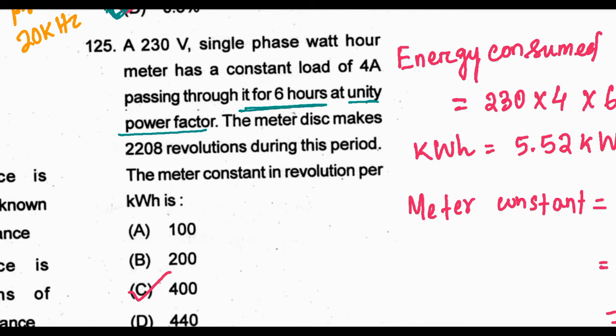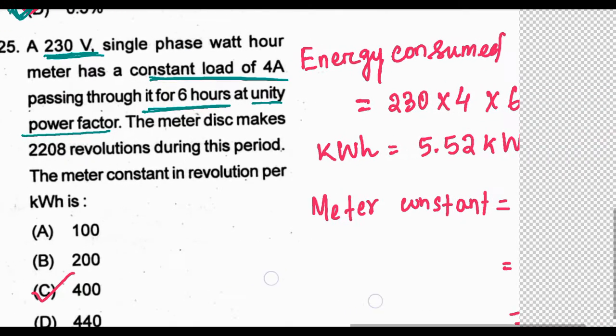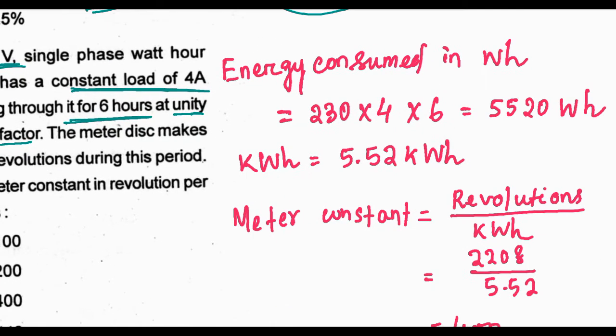So what is the power? What are the ratings given? A 230 volt single phase watt hour meter, constant load of 4 ampere. Voltage is given, current is given, power factor is given, that is unity, and time is given, that is 6 hours. So what will be the energy consumed in terms of kilowatt hour? This will be voltage times current times cos theta times time.